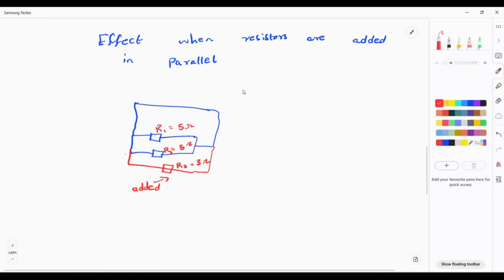That is before R3 was added. Okay, so before adding R3, I'm going to calculate the total resistance, of which RT is made up of R1 multiplied by R2 divided by R1 plus R2. This is the formula that you use when you have two resistors that are connected in parallel.